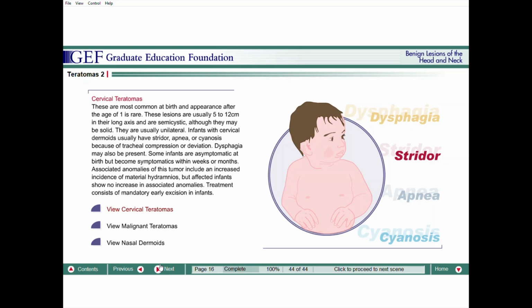Dysphagia may also be present. Some infants are asymptomatic at birth, but become symptomatic within weeks or months. Associated anomalies of this tumor include an increased incidence of maternal hydramnios, but affected infants show no increase in associated anomalies. Treatment consists of mandatory early excision in infants.